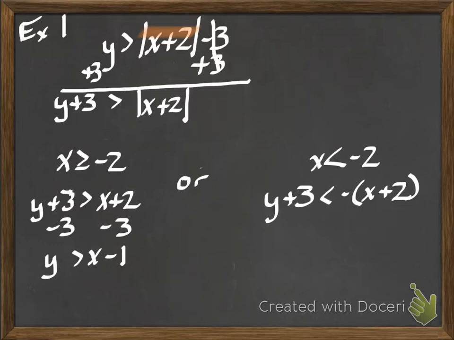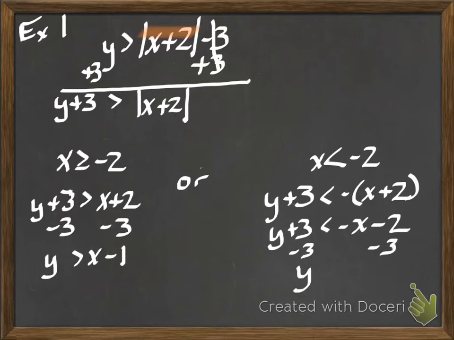The other side is going to take a little bit more steps, as we first have to distribute that negative sign through the parentheses. It changes the sign on both x and the plus 2, so it gives me negative x minus 2. y plus 3 is less than negative x minus 2. Subtract 3. y is less than negative x minus 3. So I have solved this algebraically.